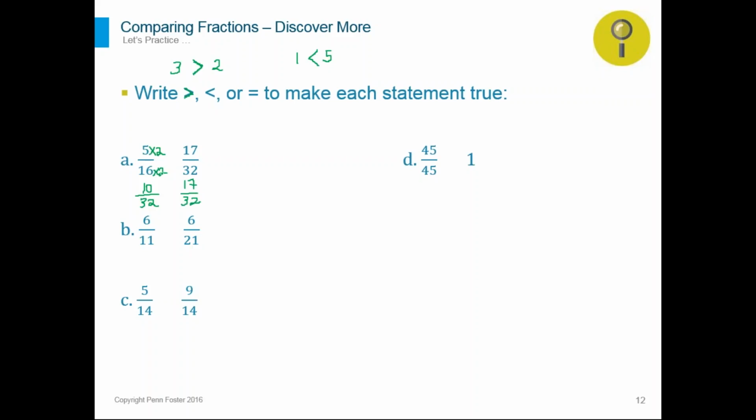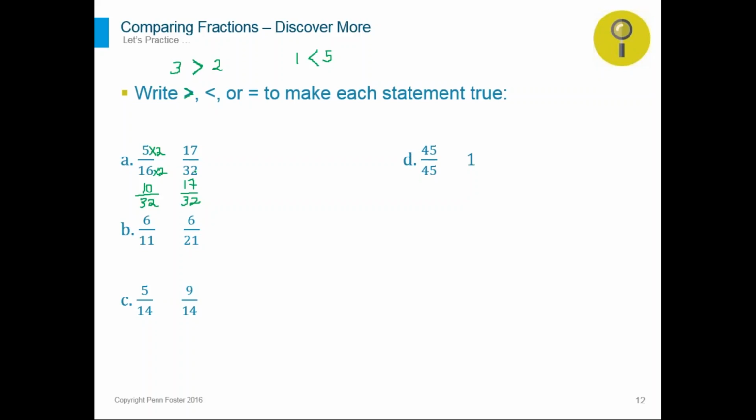Because 2 was going to get me to the 32, which is already the denominator for the second fraction. So this is half of the work. I didn't have to change 17 over 32 as well. So I'm using the numbers I have. I'm using my knowledge of the multiplication table, or I'm choosing my factor correctly. So I do less work, but still I'm able to find the right answer.